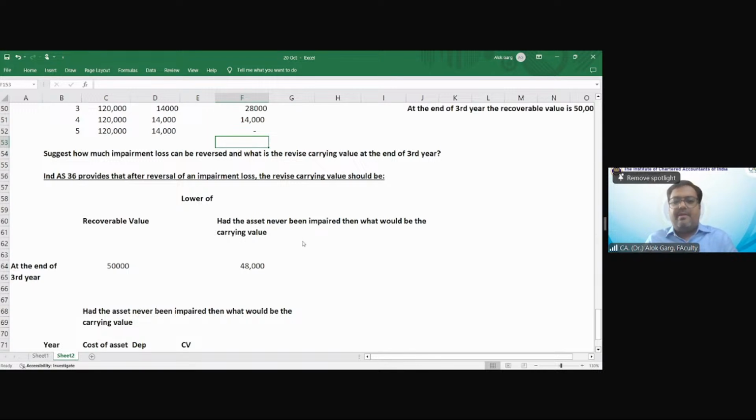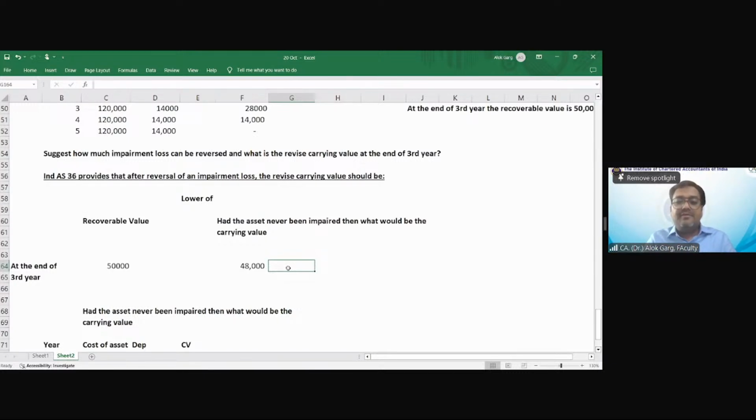Very good. Now we have the recoverable value. We have the carrying value had the asset never been impaired. What is lower? 48 or 50? 48, sir.